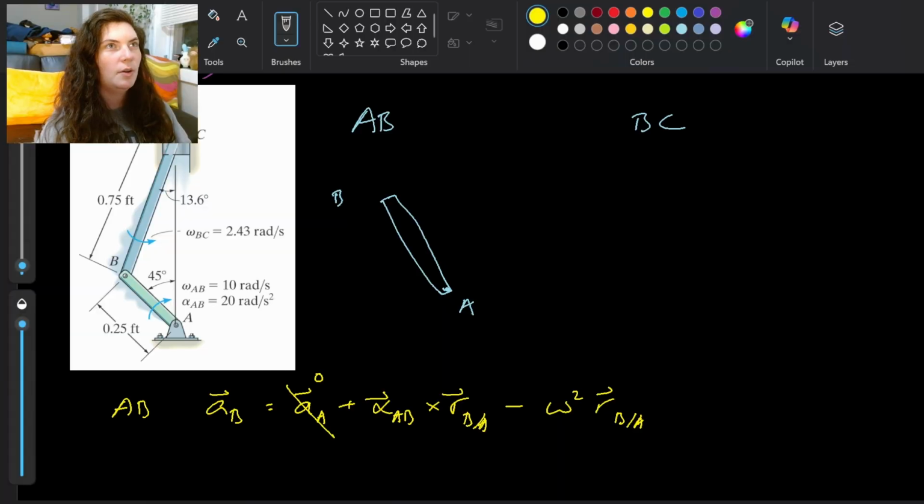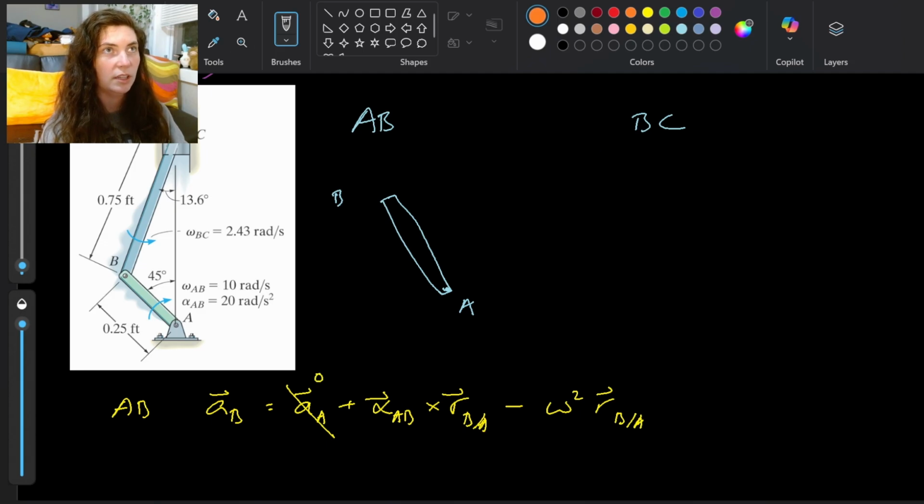But let's go ahead and finish this kinetic diagram before I get too distracted here. So no movement at A. We know there is our velocity of B, but again, not needed. We really don't need it on this kinetic diagram. I might not even include it here so we don't confuse ourselves.